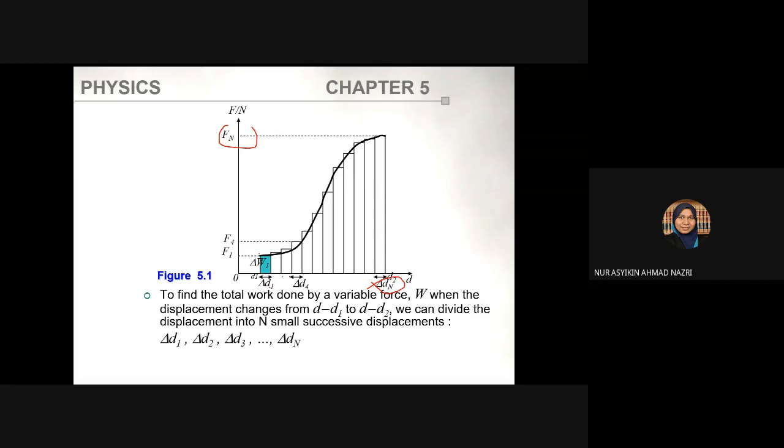Right. So this is the displacement lah. Then we put the graph, and from here we get the equation. Okay, so F times delta D is our work done.